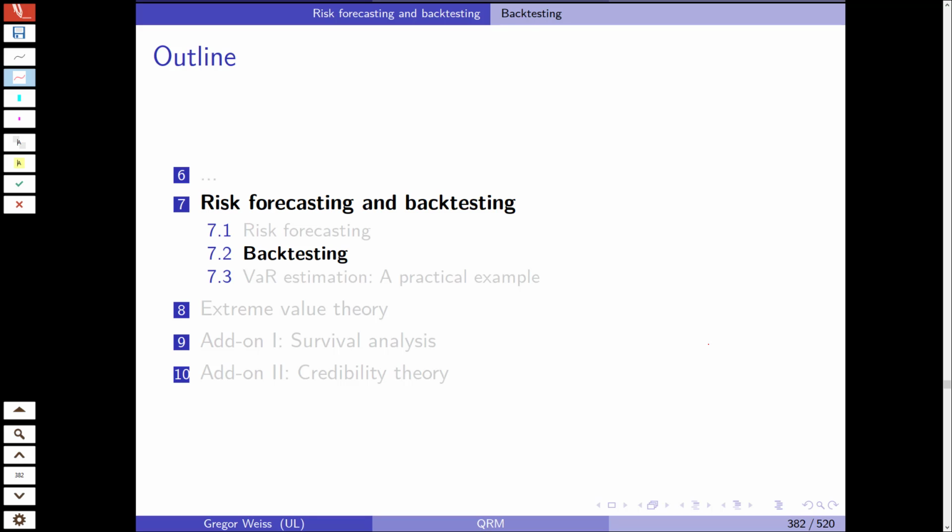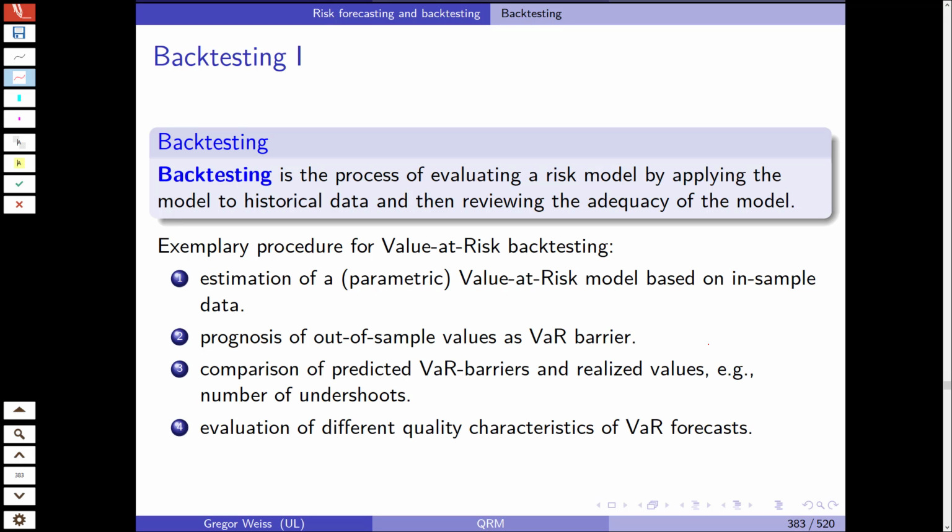So let's now turn to backtesting. Backtesting is actually checking the out-of-sample fit of a risk model. So it is the process of evaluating a risk model by applying the model to historical data and then reviewing the adequacy of that particular model. And for value at risk backtesting, this is very simple.